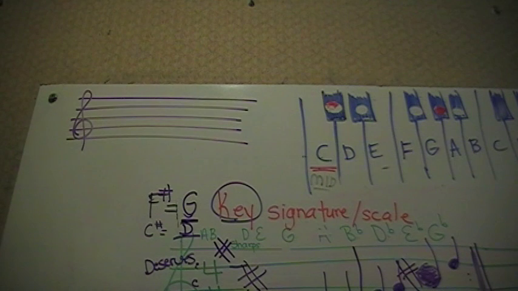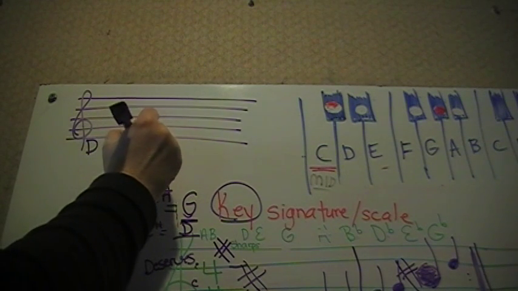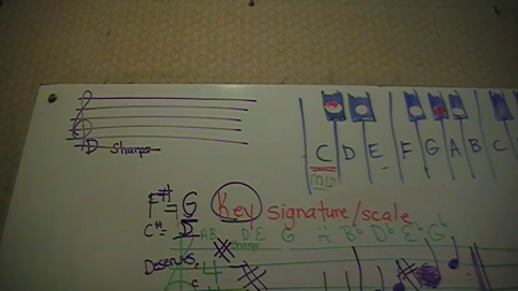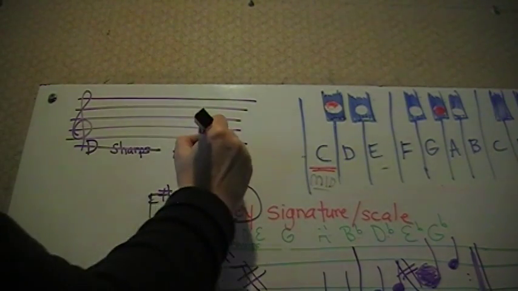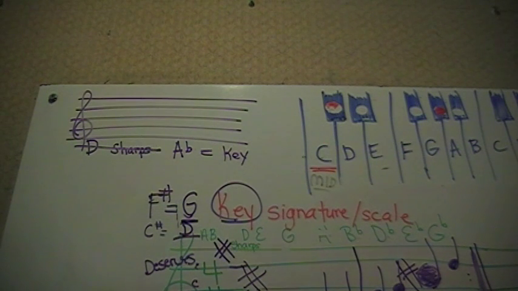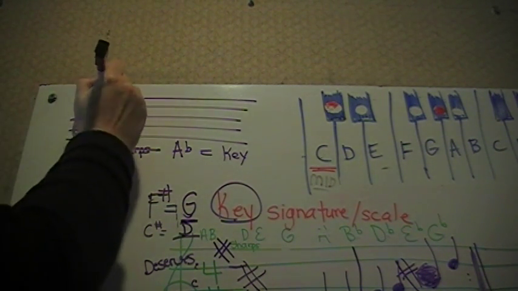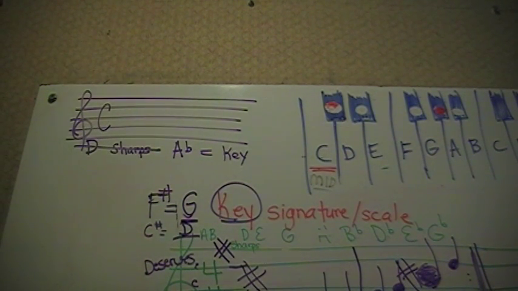If you're ready to move on, this time, instead of doing D, which would be sharps, I'm going to do a flat. I am going to do A flat. That's my key. Alright, so I have my staff, my treble clef. This time I'm going to do something fun. C, so that means we count to 4.